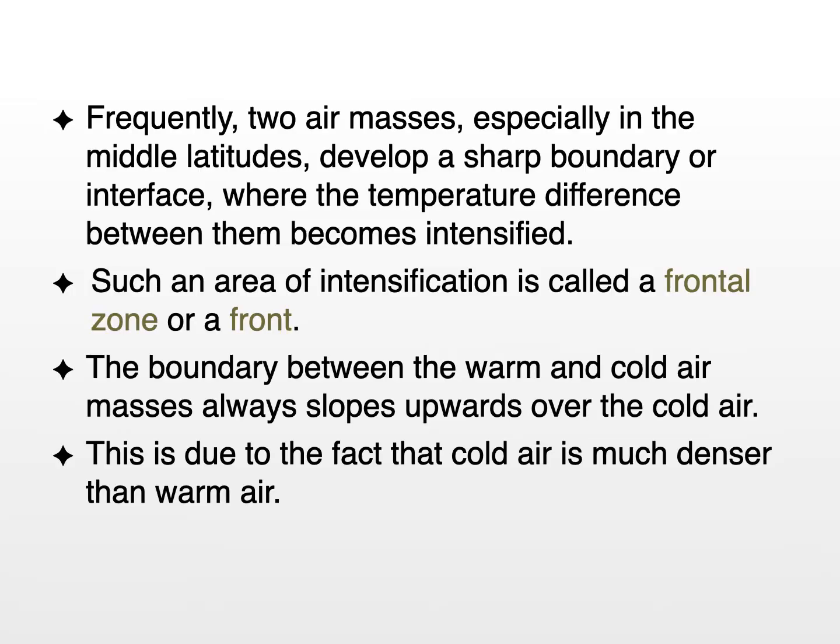Frequently, two air masses, especially in the mid-latitudes, come together and develop a sharp boundary between where they meet. And this temperature difference can become intensified. Such an area of intensification is called a frontal zone or front. The boundary between warm and cold air masses always slopes upwards over the cold air.